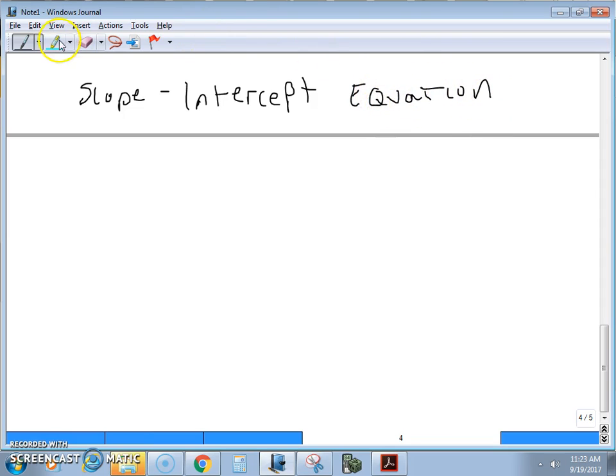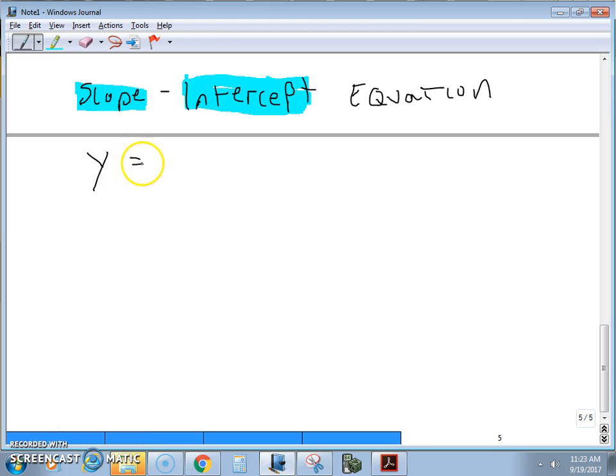Okay? And obviously, we use that when we have the slope and we have the y-intercept. Okay? Makes it really easy. We talked about this last time in class also. So we have y equals mx plus b.